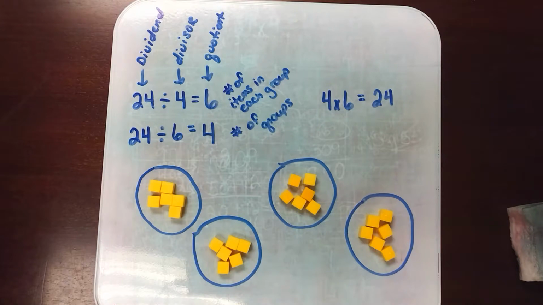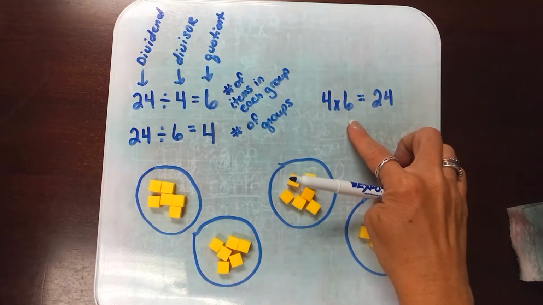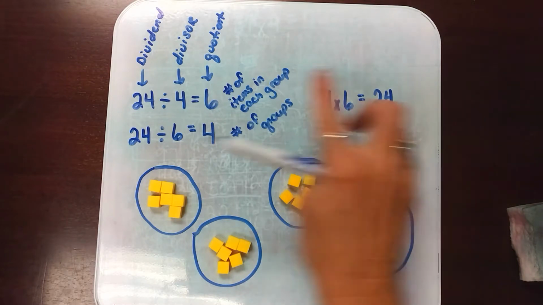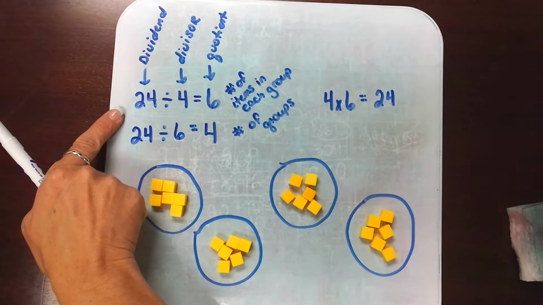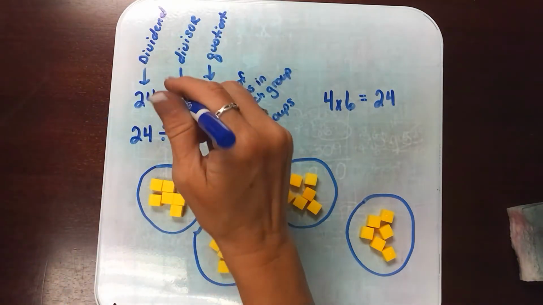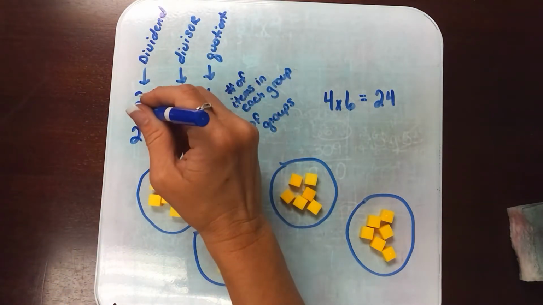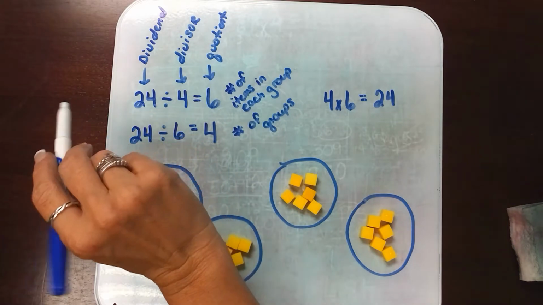And hopefully they're going to come to the realization of, oh my goodness, they are the same thing, they're related. If I know 4 times 6 equals 24, then I can easily understand that 24 divided by 4 is going to be 6, because what times 4 gives me 24, okay?